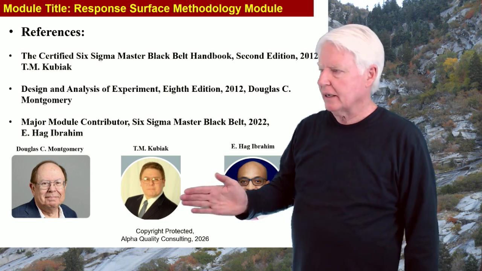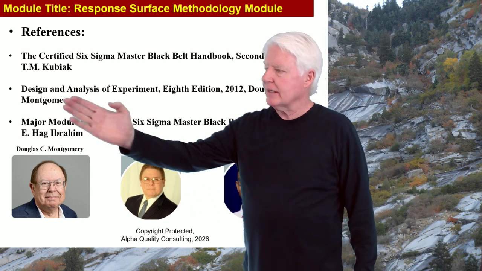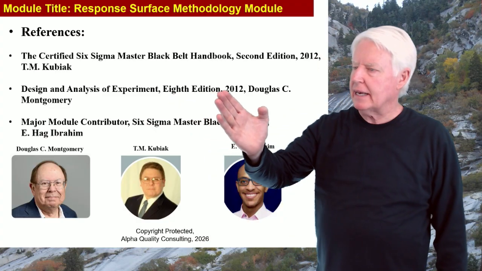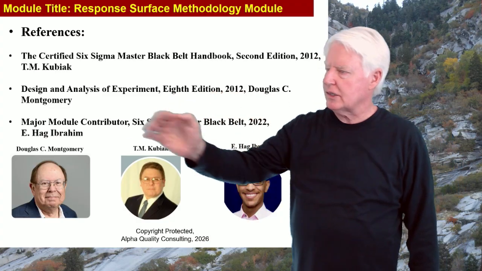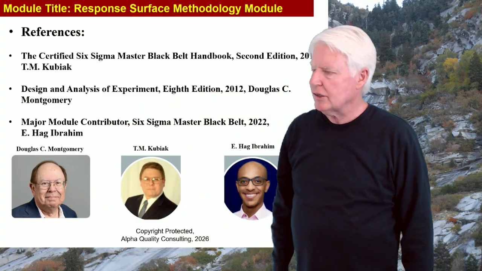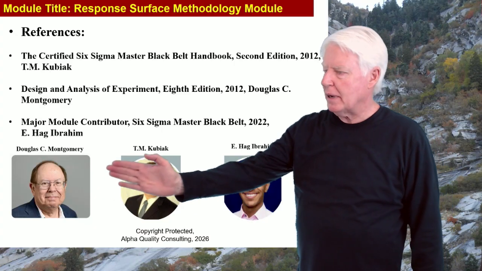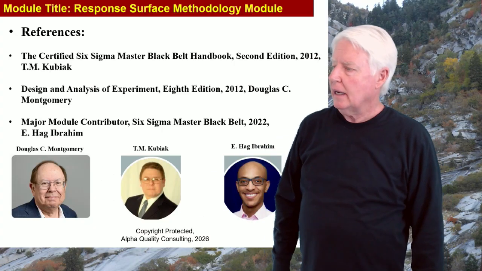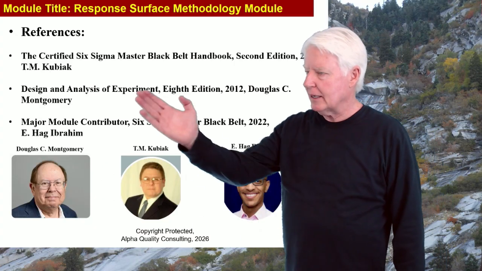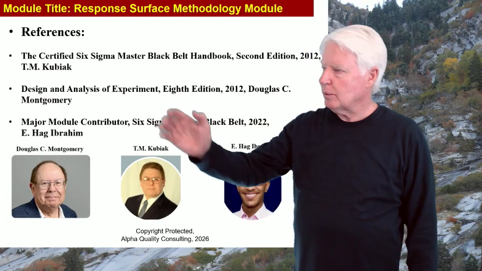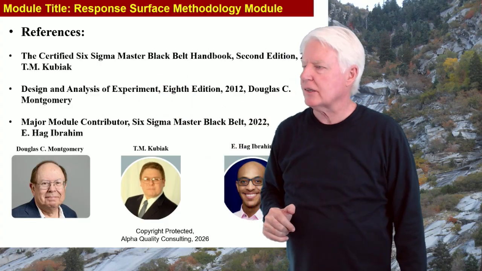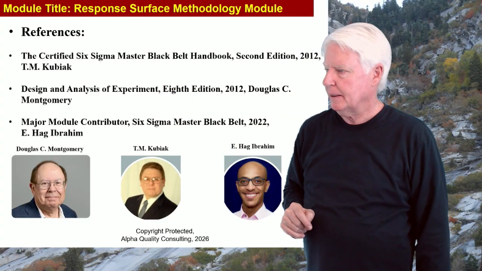That was my book. Okay, and Design and Analysis of Experiments, 8th edition, 2012, Douglas C. Montgomery. Thank you, Douglas. We greatly appreciate it. What a wonderful man, a very intelligent man, and I would recommend his book to anyone, as I would for the Certified Six Sigma Master Black Belt Handbook.